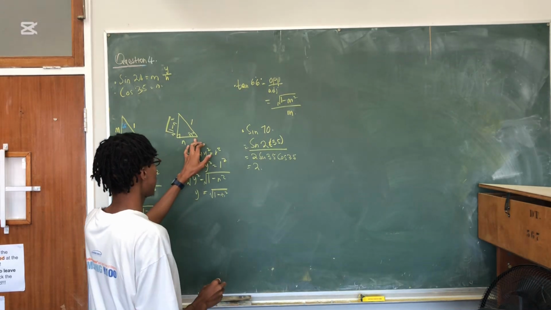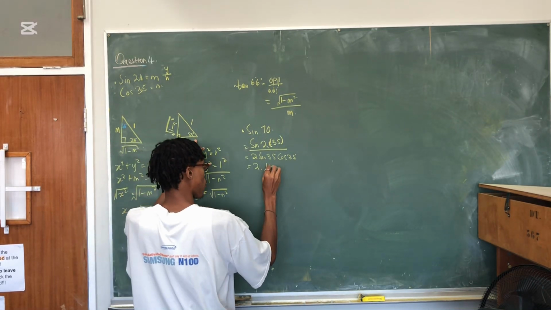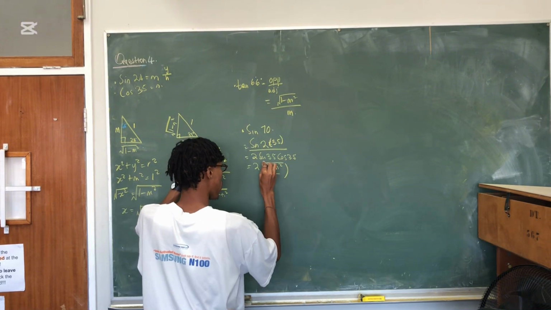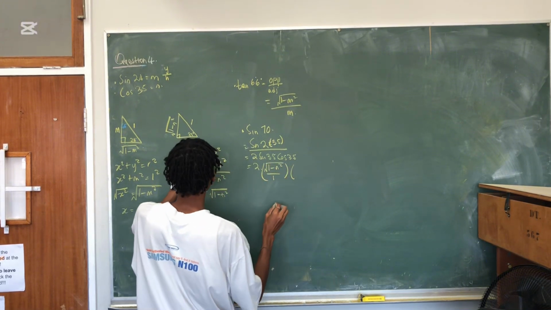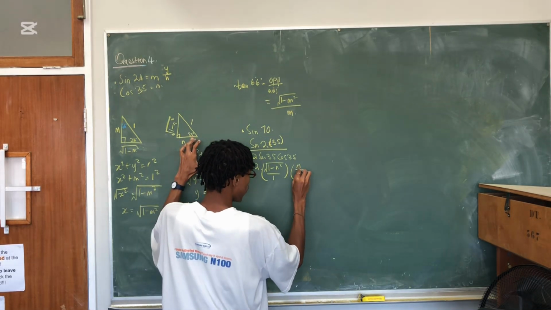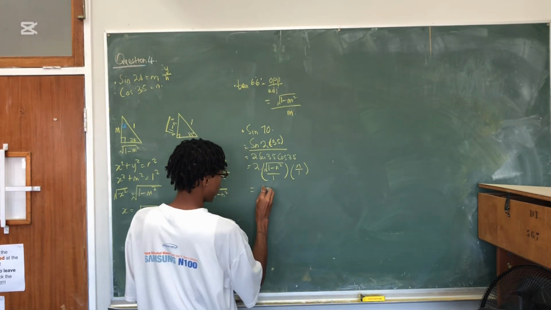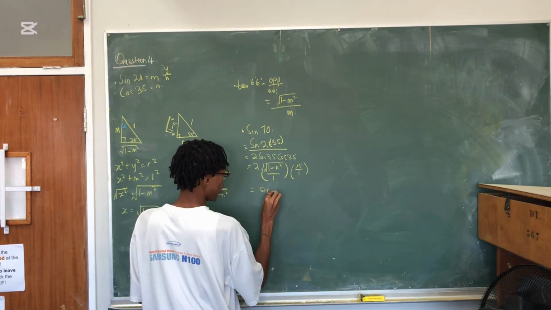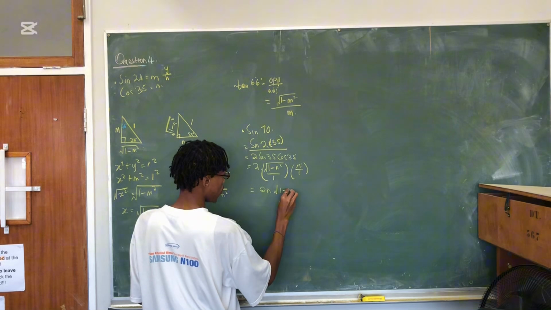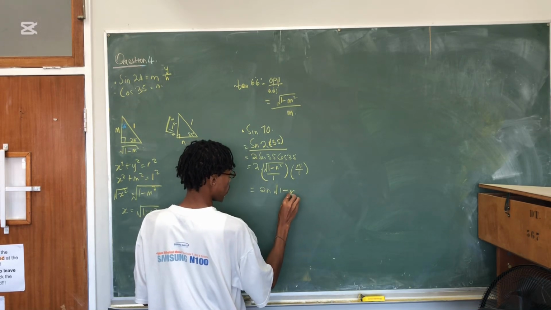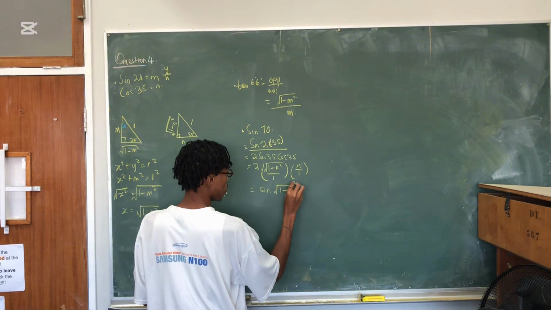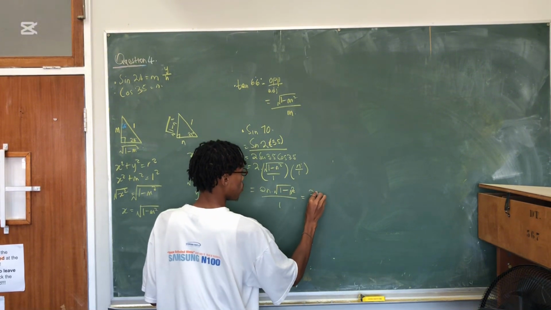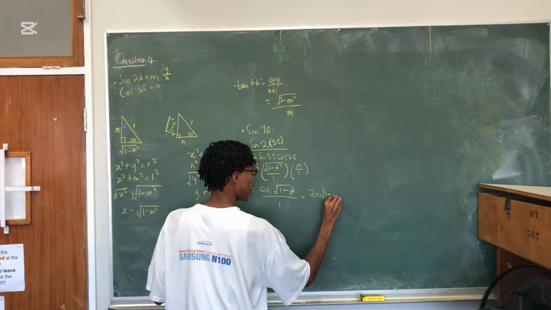Sine 35 becomes opposite, the square root of 1 minus n squared, over the hypotenuse, multiplied by cos, which is n over 1. The numerator multiplied out is 2n square root of 1 minus n squared, over 1. That's 2n times the square root of 1 minus n squared.